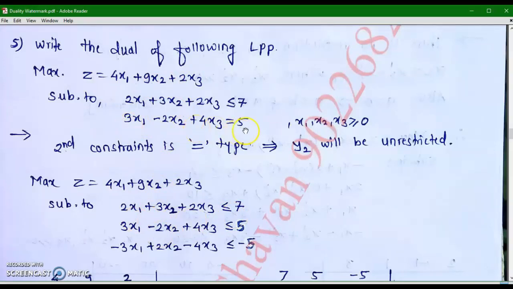The left side is less than or equal to 5 as per the requirement of maximization, but the third constraint will be left side greater than or equal to type. Therefore to make it again less than or equal to type, we have to multiply both sides by minus sign. So we get minus 3x1 plus 2x2 minus 4x3 less than or equal to minus 5, which is of the less than or equal to type. So we have three constraints.